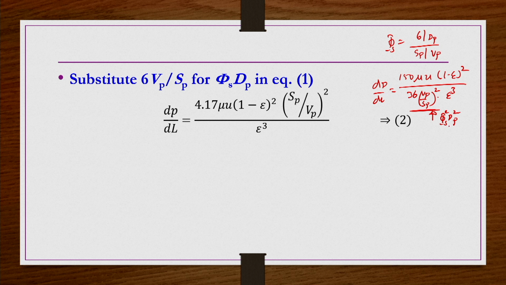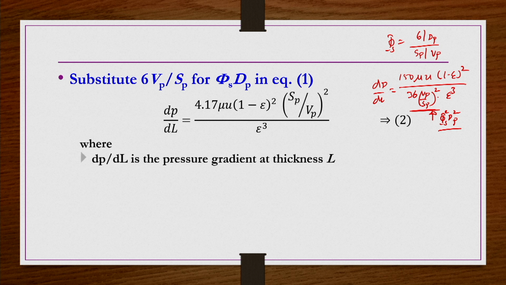In place of phi s square dP square we are writing 36 Vp by Sp whole square. So, we rearrange, and you have this equation. 150 by 36 is 4.17.